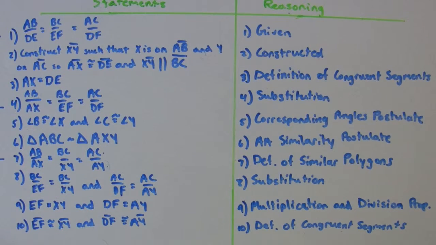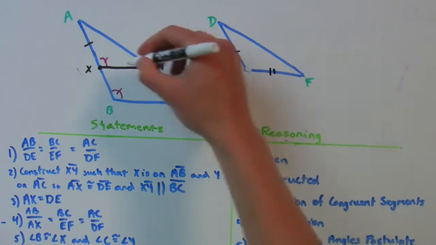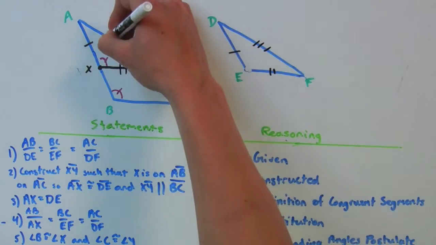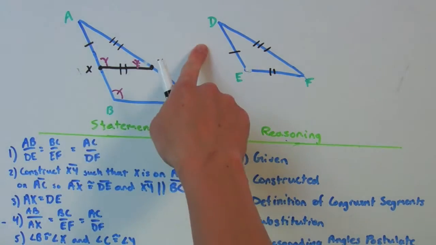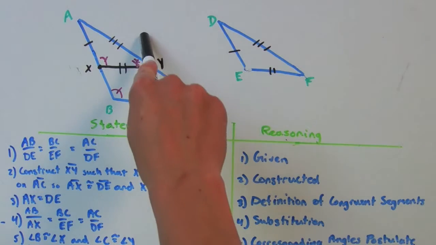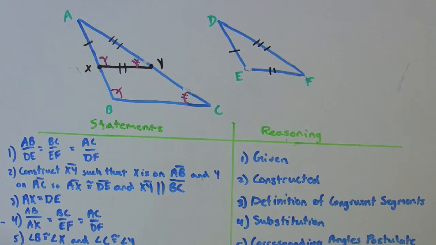So looking back up at our picture, EF is congruent to XY, DF is congruent to AY, and we already had that AX was congruent to DE. If you remember the side-side-side congruence postulate, which was P17, it says that if the sides of one triangle are congruent to the corresponding sides of another triangle, so all three sides, then the triangles are congruent.